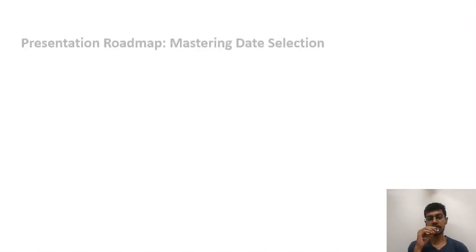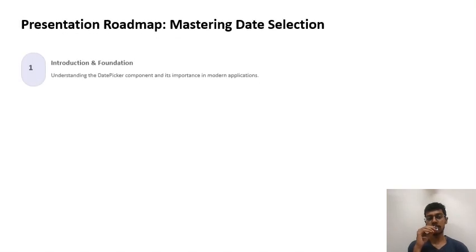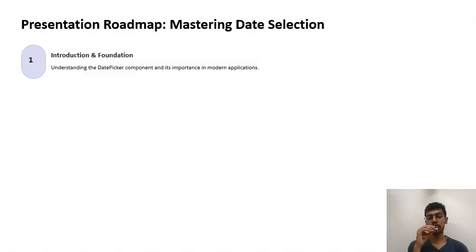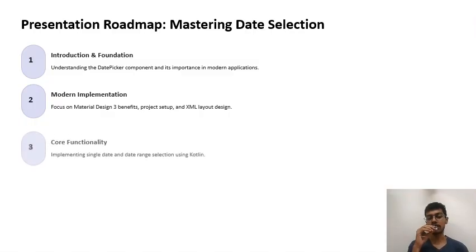Before moving ahead, we will first see the presentation roadmap to master the date picker. First of all, we will see what is meant by date picker, its components and its importance in modern applications. Then we will go to the modern implementation, which mainly focuses on Material Design 3 benefits, project setup and XML layout design.